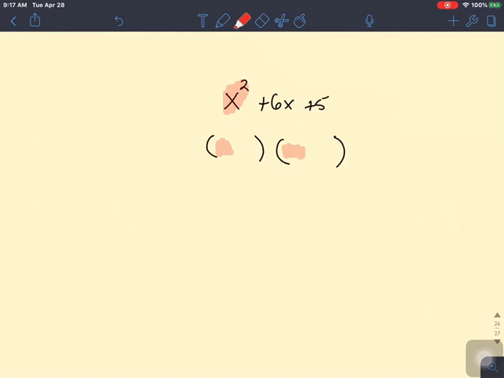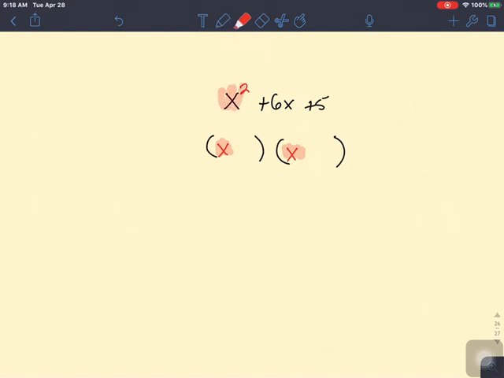Because we have an x squared, somewhere along the line, we multiplied x times x, okay? If that had been x to the third, then we would be x to the first times x to the second somewhere, but it's not. It's x to the second, and so that means that we had x to the first times x to the first. That's how you get the party started.